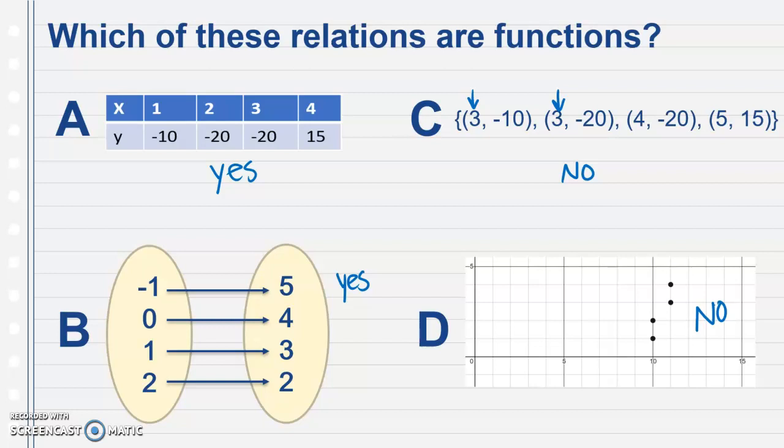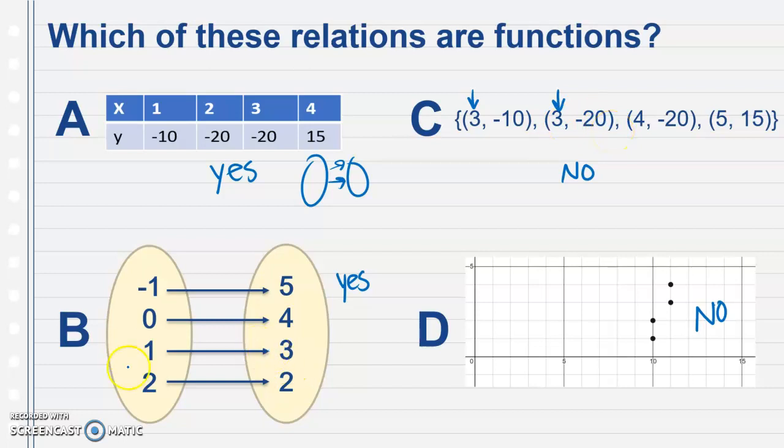Answer is letter A is a function because you don't have any repeating x values. And if you need to, you could always draw a mapping that represents that if it's easier for you to see. Letter C is not a function. Here we have repeating x values. So 3 goes to both -10 and -20, which makes it not a function.